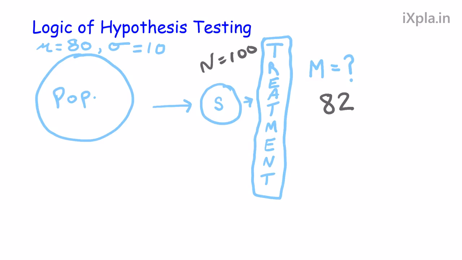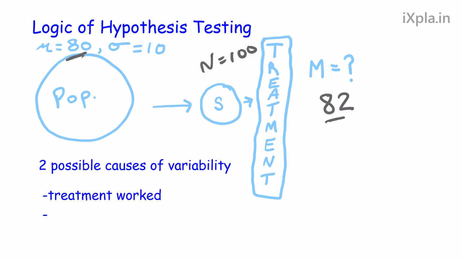It's higher than what we would have expected, 80, but is the difference between 82 and the population parameter of 80, is that difference possibly due to sampling error? Or is it due to the treatment? These are the two possibilities that we have to deal with when we're dealing with hypothesis testing.